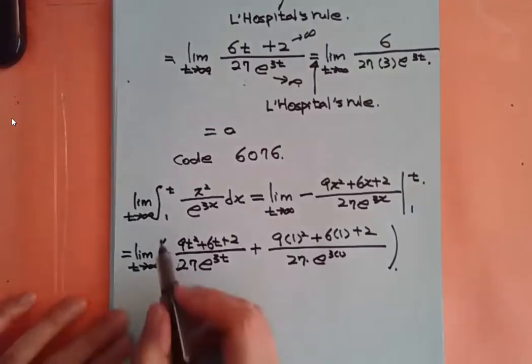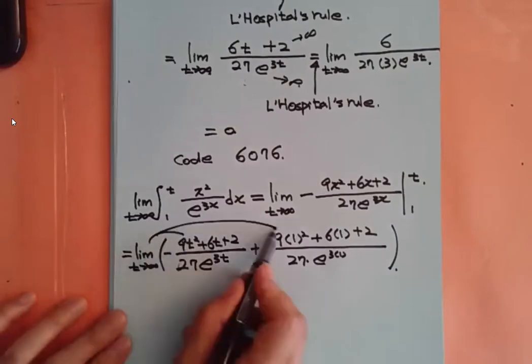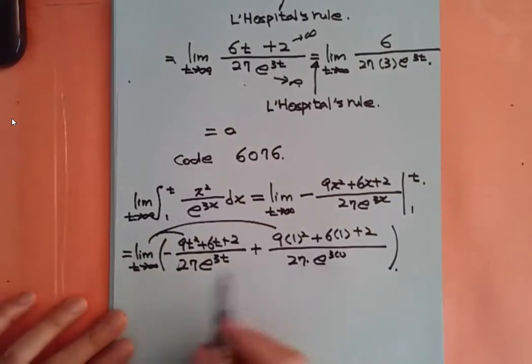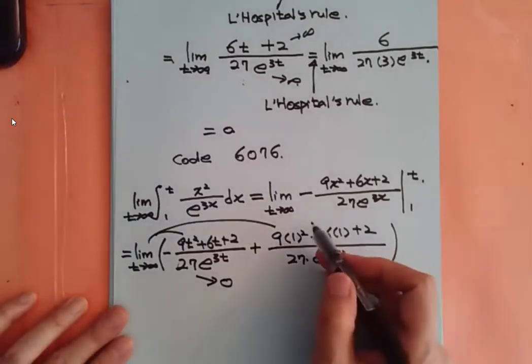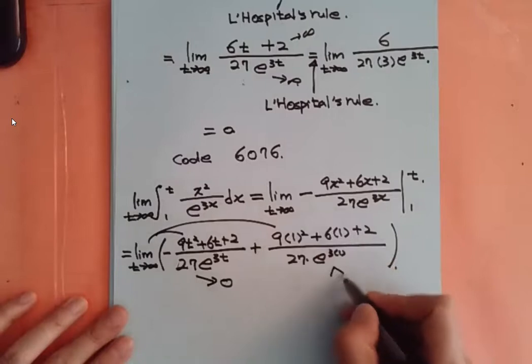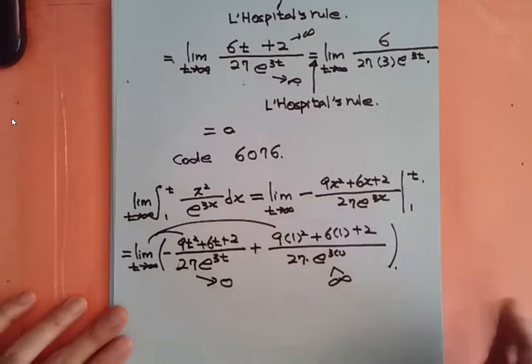So we can distribute this limit to the first and second parts. And then what we know is this part goes to 0. And whatever the value is, this is a finite number, right?